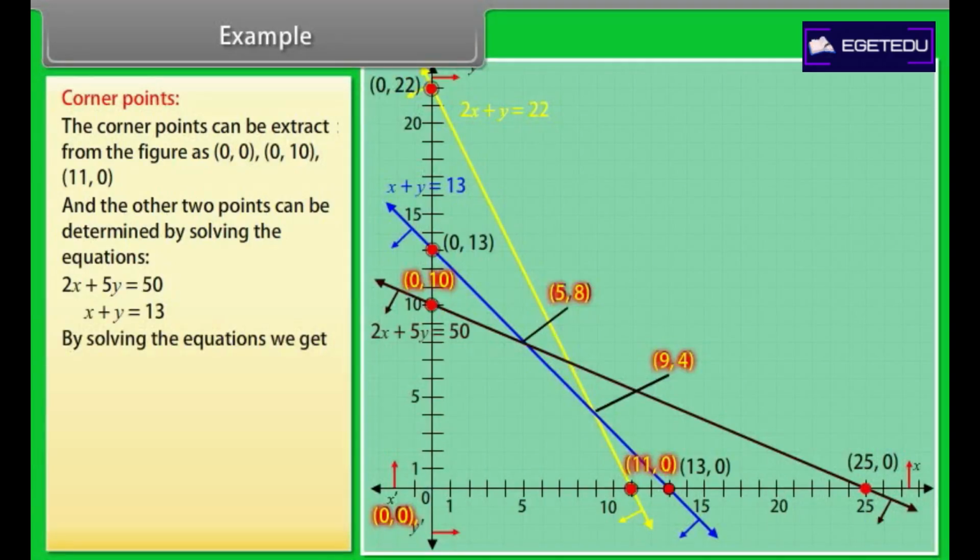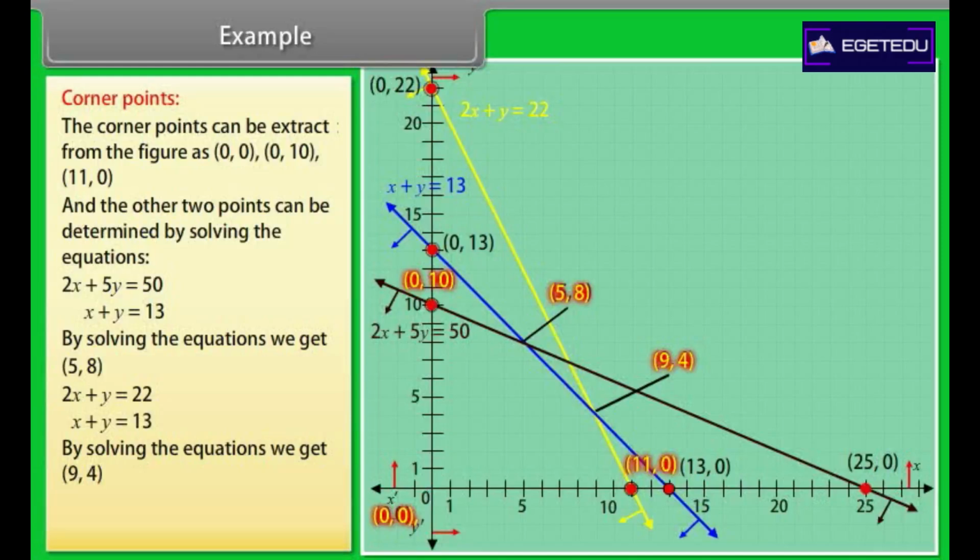By solving the equations, we get 5, 8. 2x plus y is equal to 22, x plus y is equal to 13. By solving the equations, we get 9, 4. So, the corner points are 0, 0, 0, 10, 11, 0, 5, 8, 9, 4.